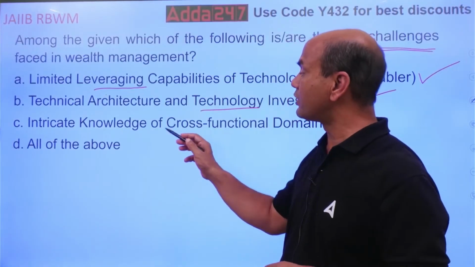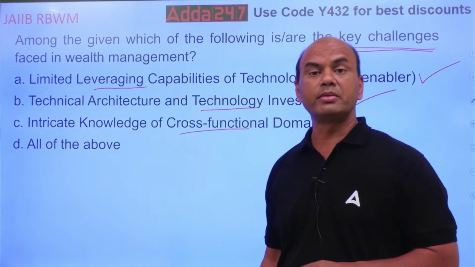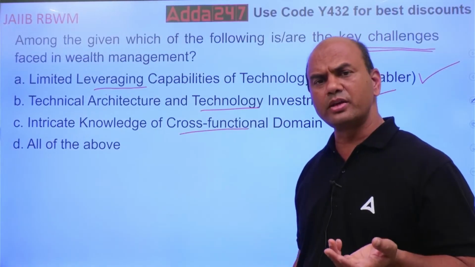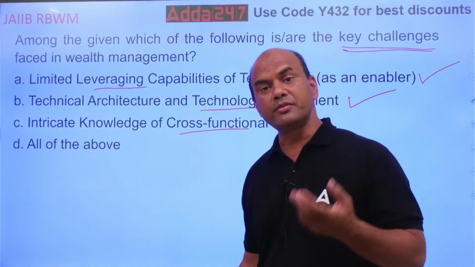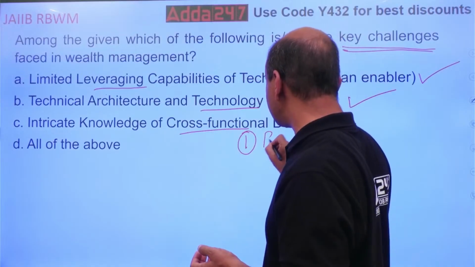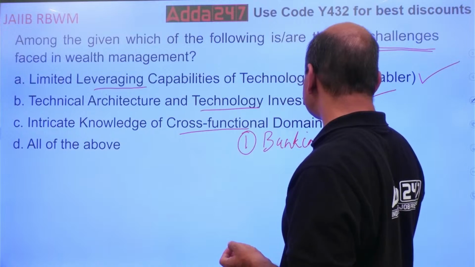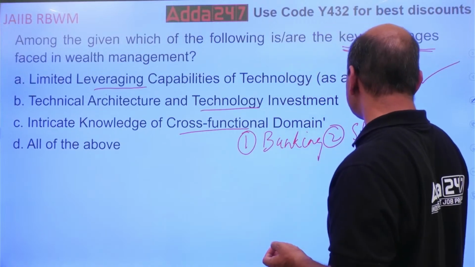Third, intricate knowledge of cross-functional domain. What do you mean by cross-functional? If I am the wealth manager, I must have the knowledge of, number one, banking. Second, I must have the knowledge of stock markets.